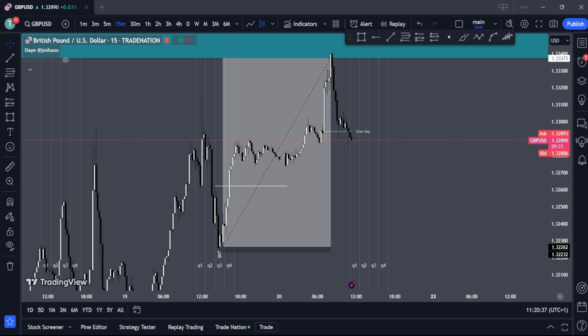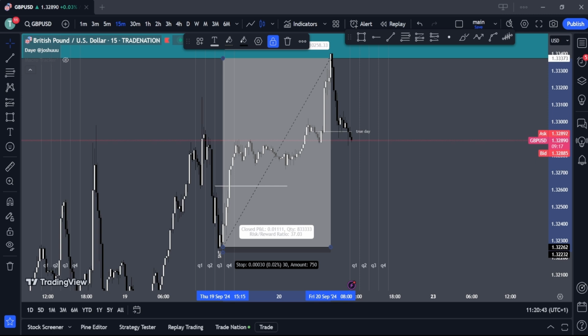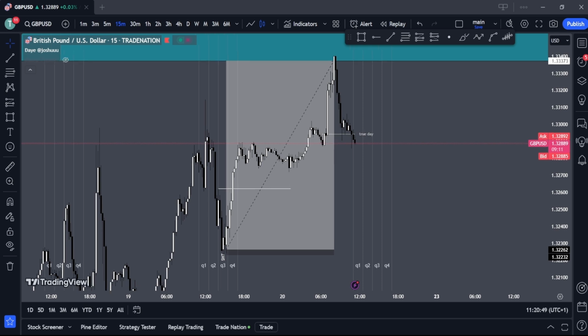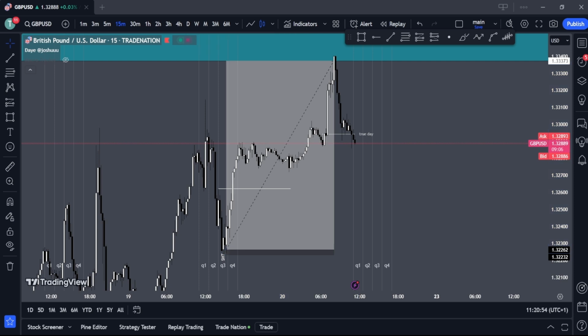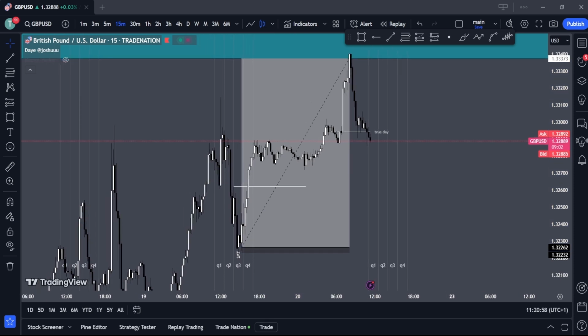However, obviously, if we were risking 1% on this trade here, we would have been up a good 37%. Well, probably around 34%, I'd say we'd be up right now. Yeah, either way, very nice trade. 37 RR caught, called in the chat and in the live call.